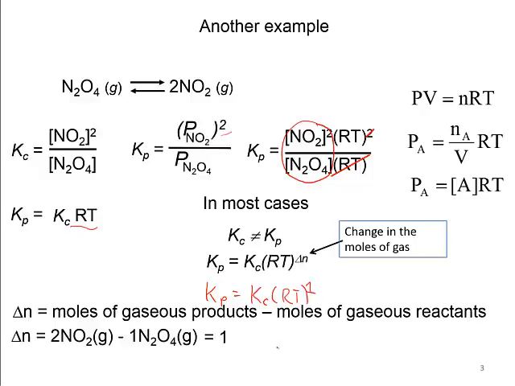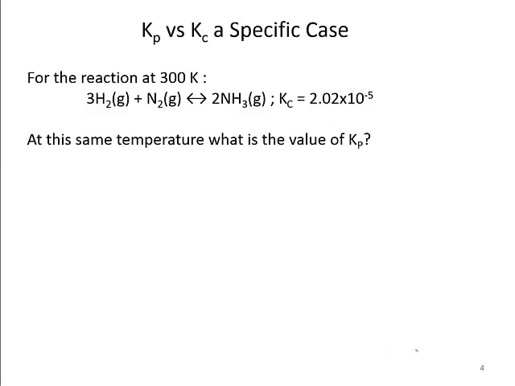It is true that Kp will equal Kc when the number of moles of gas on the reactant side and the product side are the same, and the change in number of moles of gas is 0. Let's work one last example where we can plug into this new relationship.